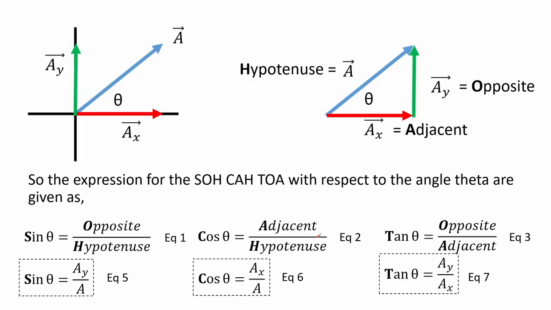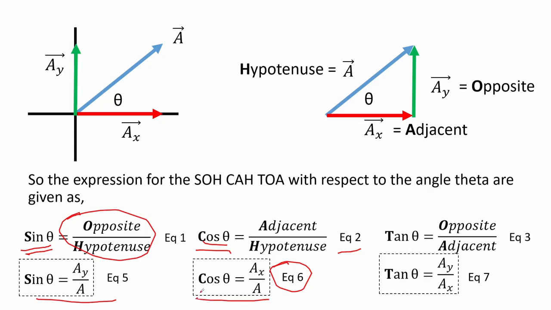So we can now write the different trigonometric functions with respect to the angle theta. For the sine function, it is obtained using equation 1, and we get equation 5, which is the ratio of the vector component y of A over the vector A. For the cosine function, we use equation 2 and get equation 6, which shows that the cosine of theta is equal to the vector component x of A over the vector A. And finally for the tangent function, we use equation 3 and get equation 7.